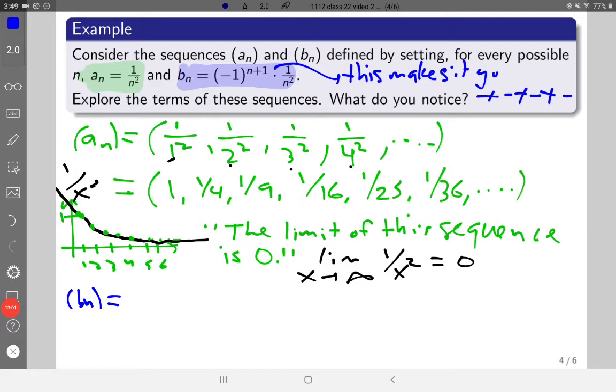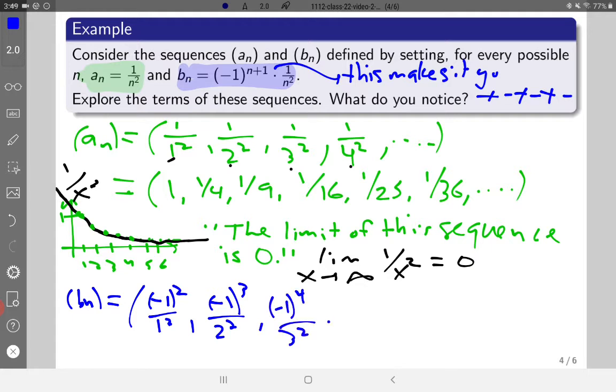The reason for that is when n is 1, I'm going to get -1 squared over 1 squared. And when n is 2, I'm going to get -1 cubed over 2 squared. And when n is 3, I'm going to get -1 to the 4th over 3 squared, and so on and so on.